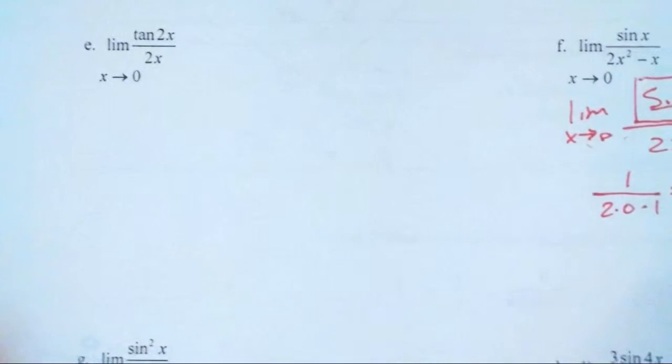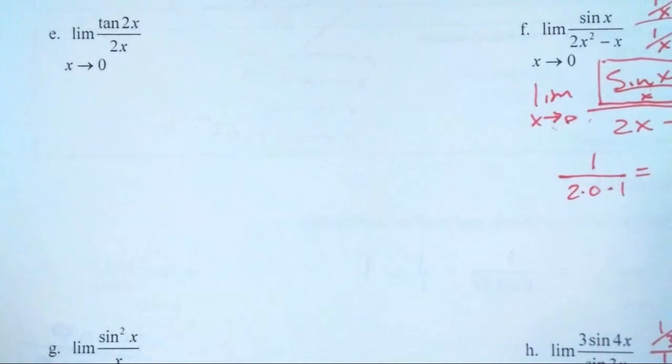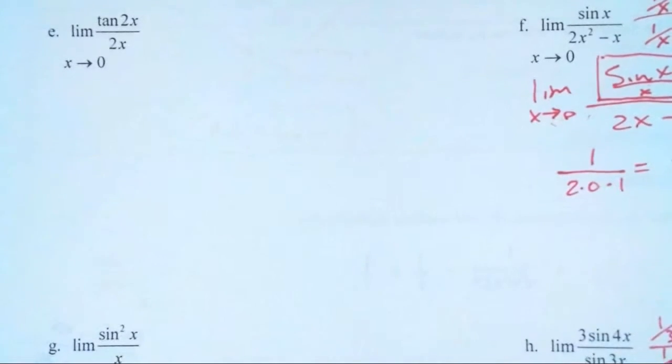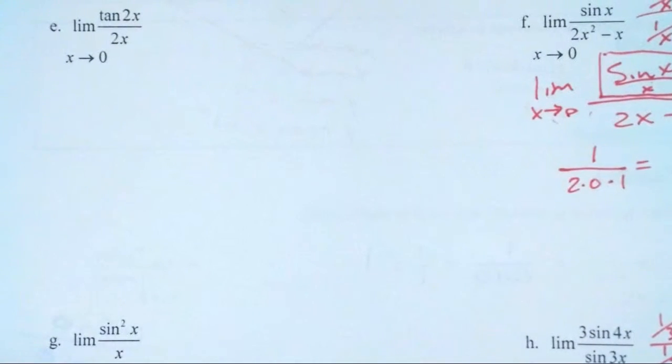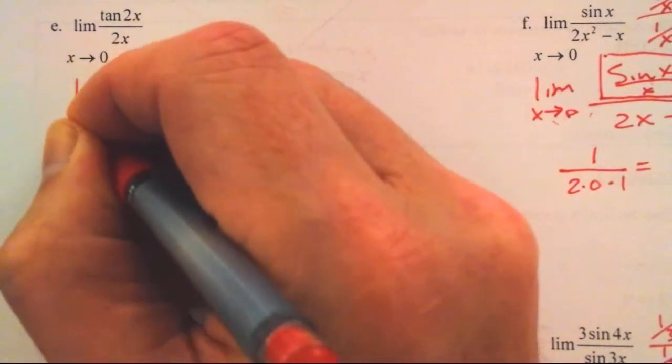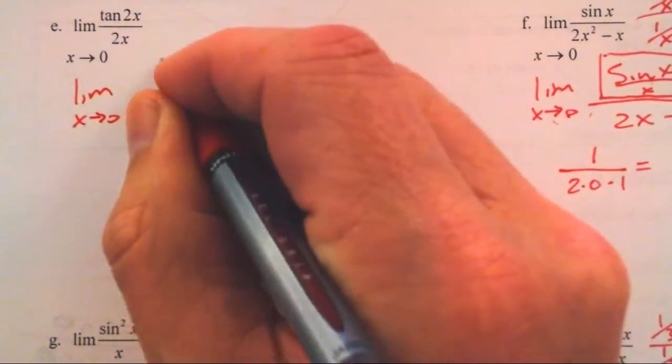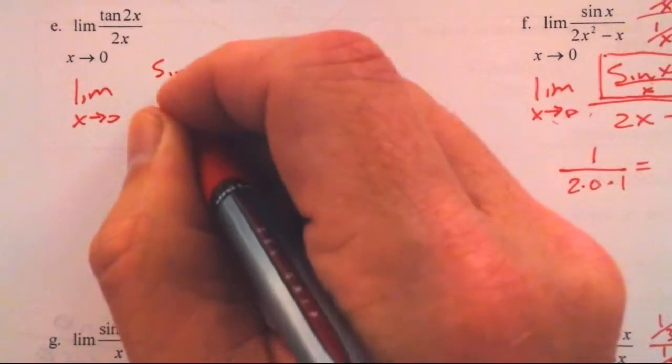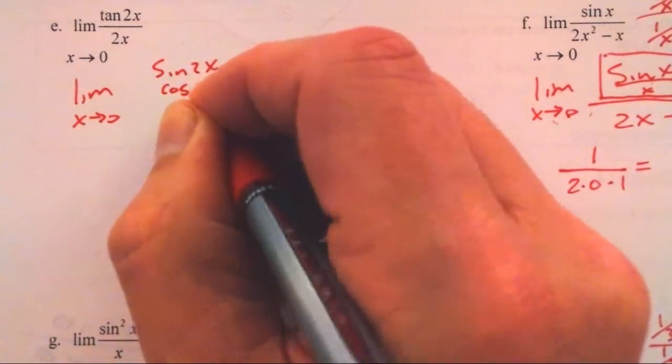Okay, let's go back to this tangent 2x. I don't want tangents at all. Maybe we'll have a rule about tangents sometimes, but I don't want tangents. I want sines. So to me, first step is crystal clear. Limit as x approaches 0 of sine of 2x on cosine of 2x.